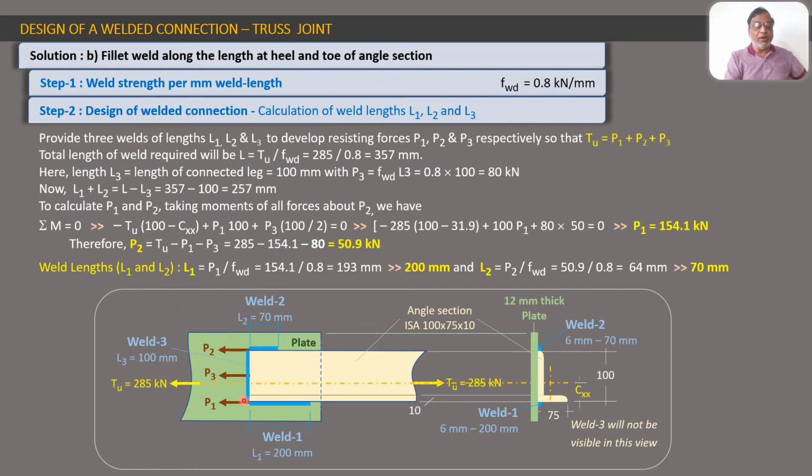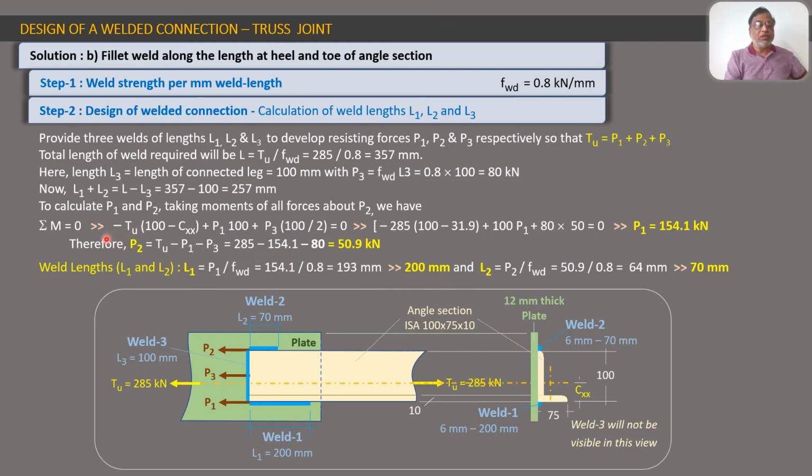Let us take the moment of this TU force about force P2. So moment of TU about P2, this is the same as we did in the first step A. So this is TU into brackets 100 minus CXX, and it is going to be minus because it is anti-clockwise about P2.